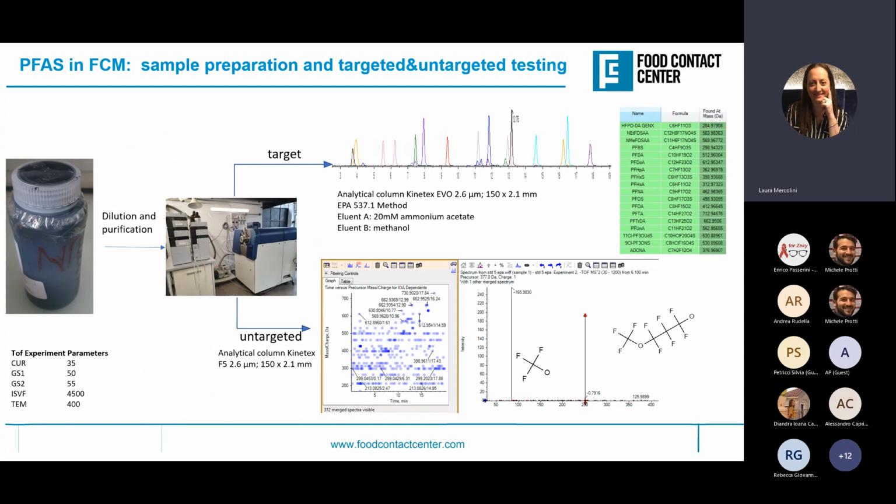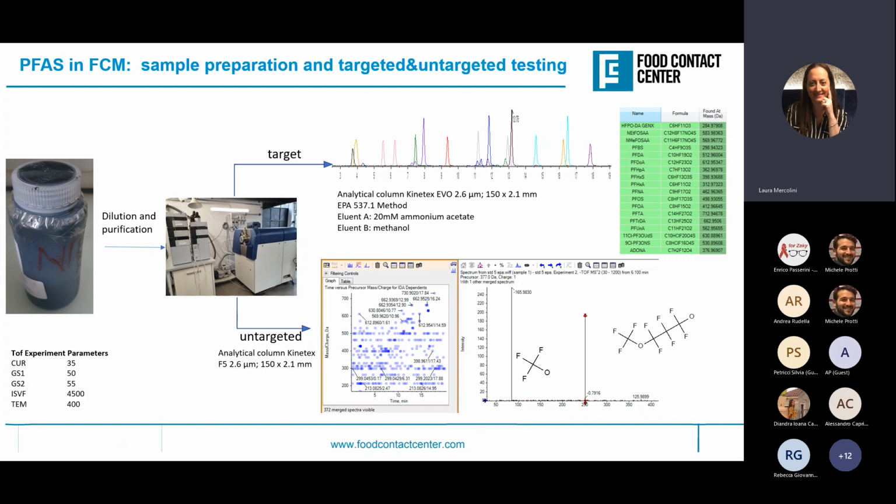That's why we perform the test also for the raw materials, and it was not so easy to define the method. Also, Andrea helped us in that case to try to purify or just dilute the sample, and also to have a good recovery for each PFAS that we were using.